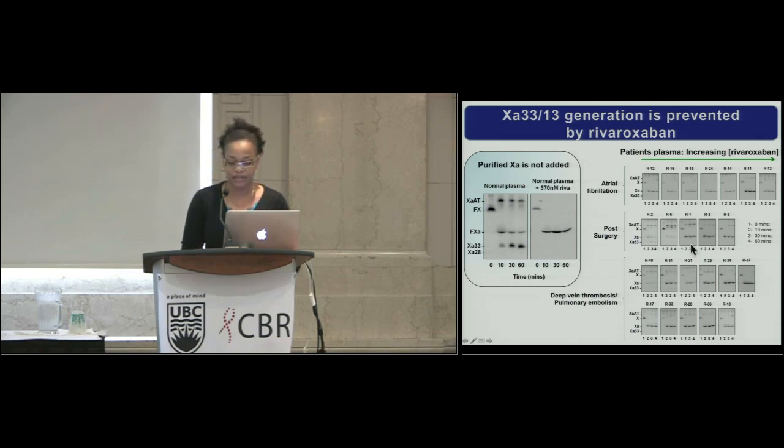We do see that there is a prevention of 3313 generation in most cases. There were 4 patients that had 3313 being generated. However, this can be explained by the reduced amount of rivaroxaban that was detected within their plasma. And so this could suggest that rivaroxaban is able to work effectively in these patients because it has a role in dissolving blood clots.